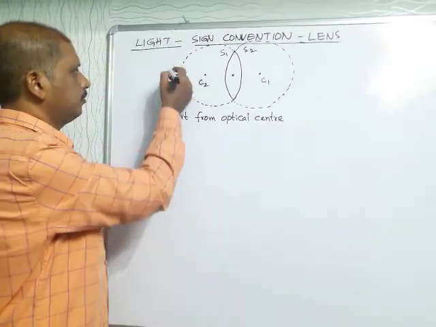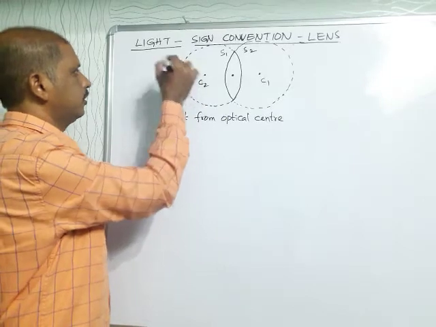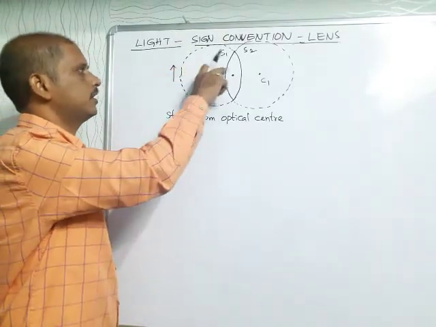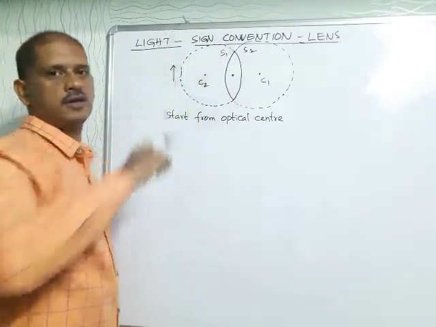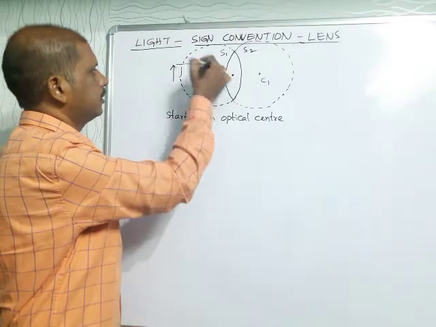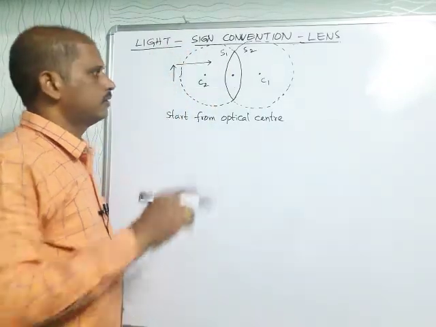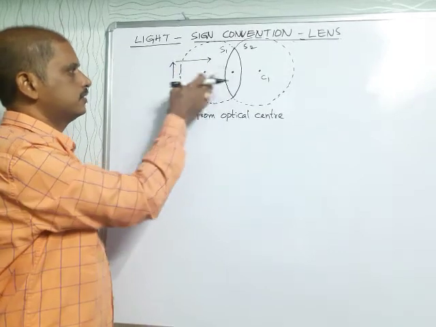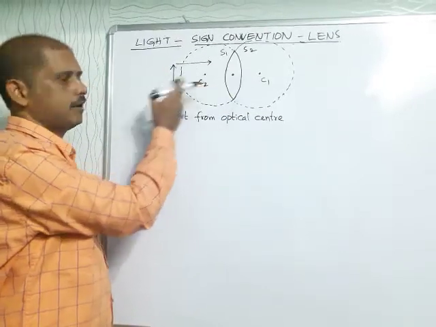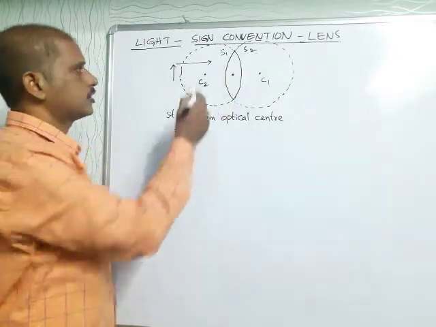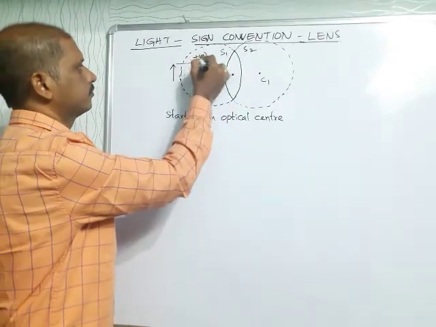For example, if you keep the object here, this is the object. So when the object is kept here, the incident rays are incidented in this direction on the refracting surface. So this is the direction of the incident rays. So here the incident rays are moving from left to right. This is, for myself, this is left side. So incident rays are moving from left to right. So that should be considered as positive.